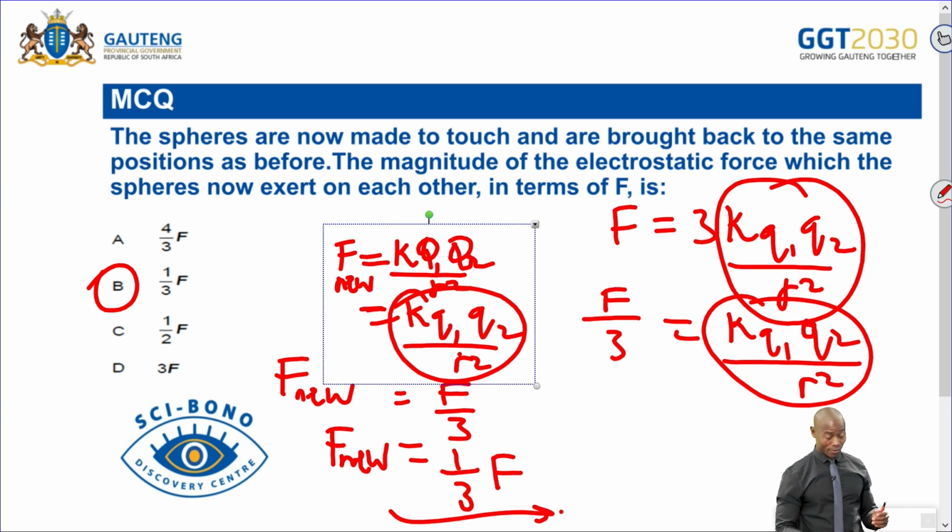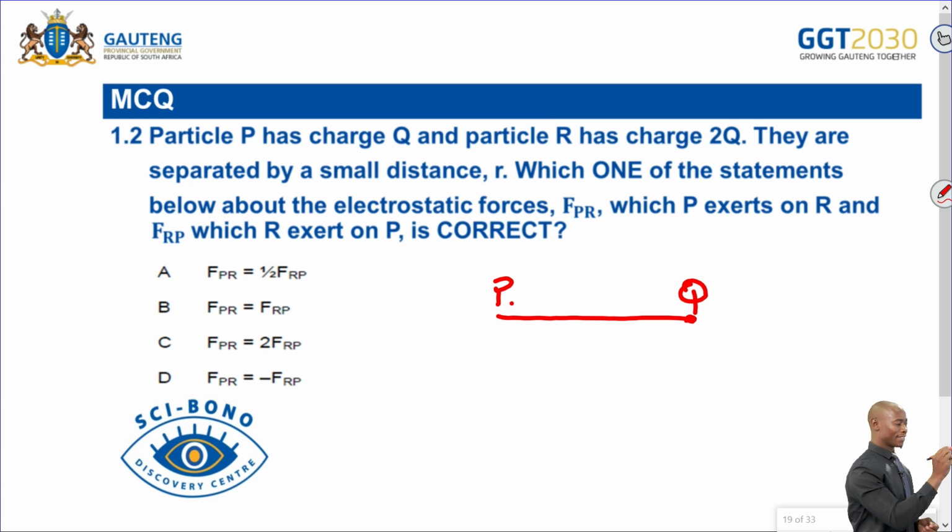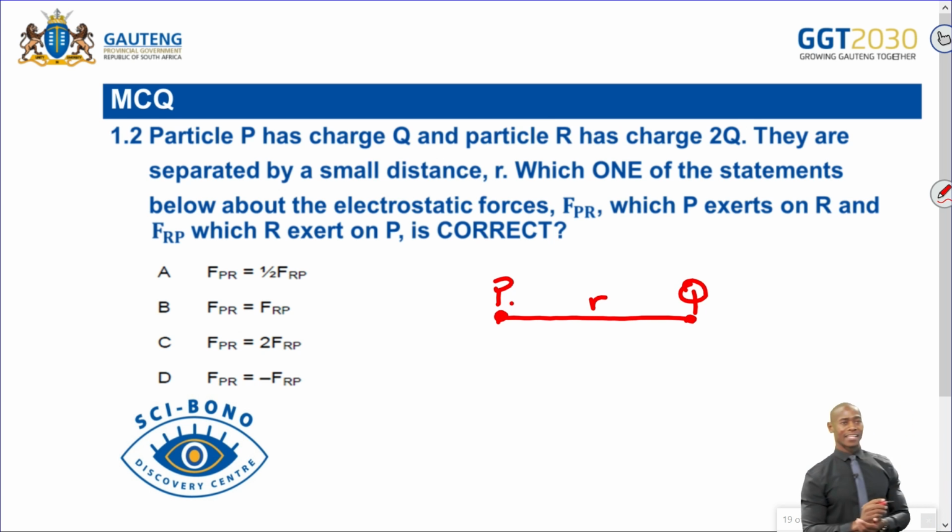Right, let's look at the second one. Particle P has charge Q and particle R has charge 2Q. They are separated by a small distance, which is R there.